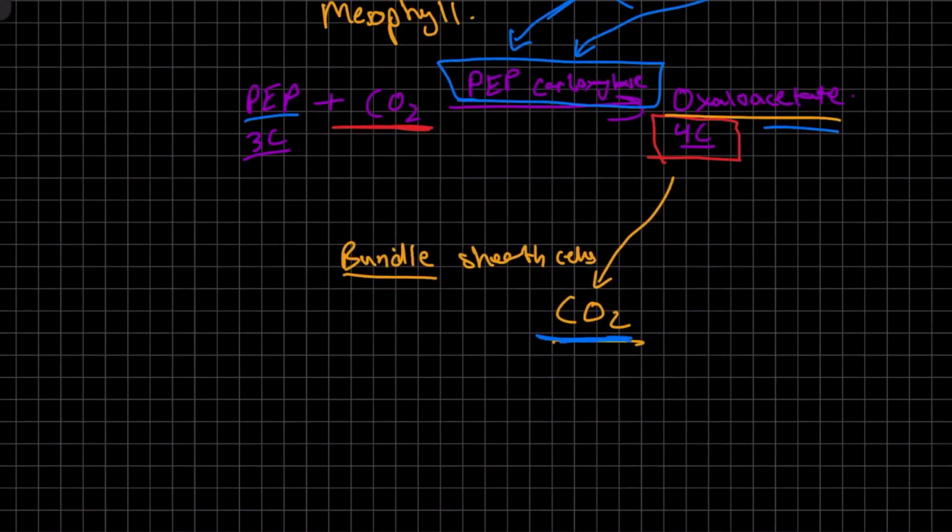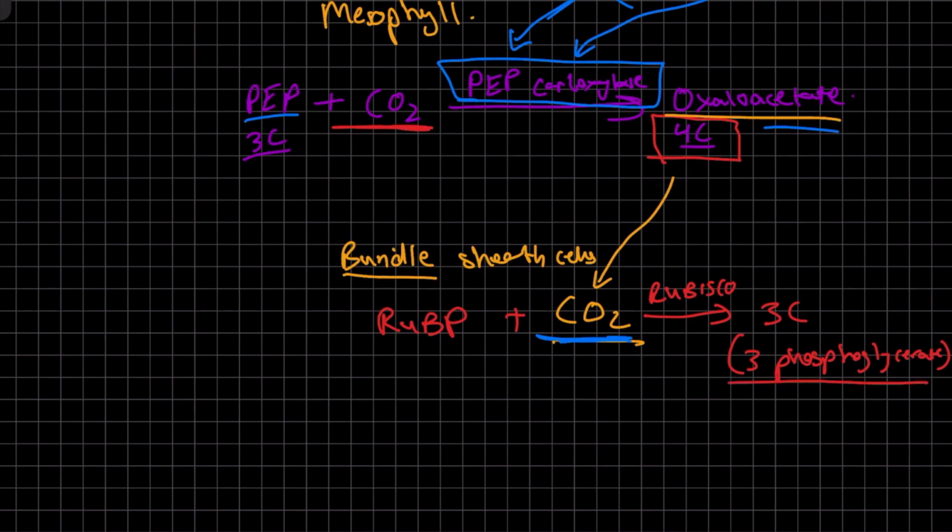In our bundle sheath cells, this carbon dioxide will come across ribulose bisphosphate and rubisco, which will catalyze the production of our 3-carbon molecule known as 3-phosphoglycerate. This molecule is the first of our Calvin cycle. So the rubisco over here will allow this carbon dioxide to enter the Calvin cycle. The bundle sheath cells is where this carbon dioxide can enter the Calvin cycle.